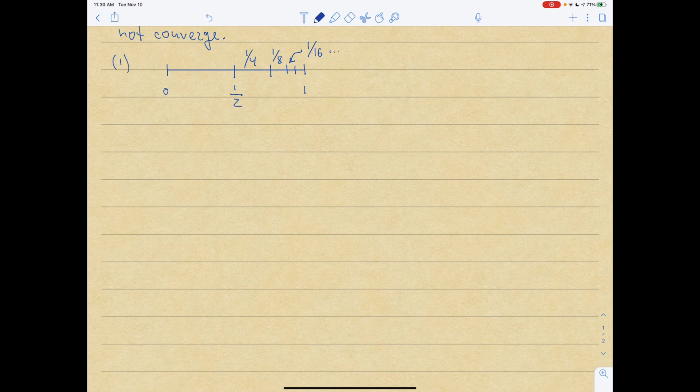So from this example, I can conclude that if I add up, starting from n equal to 1 to infinity, 1/2 to the power n, I should get 1. That's just a geometric intuition. Okay, so then if we look at this more generally, let's say now I want to add up the sum from 0 to infinity.